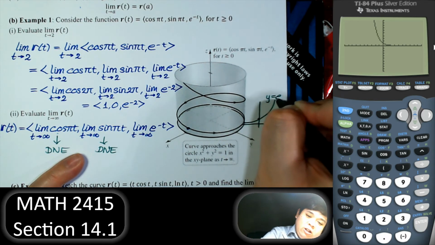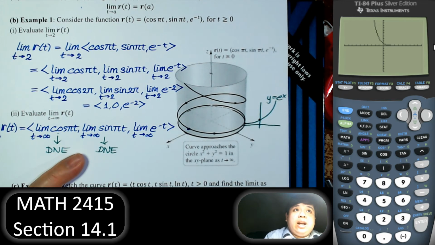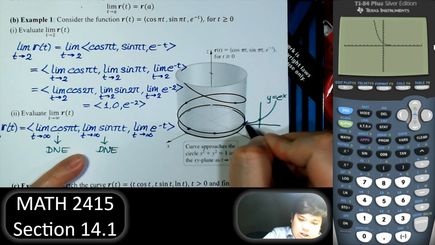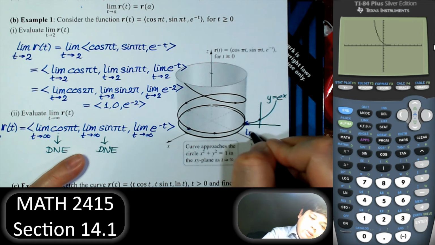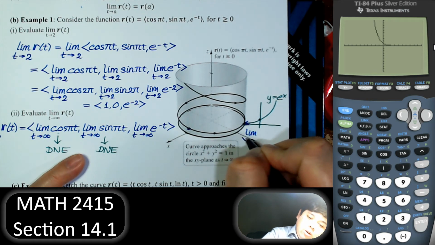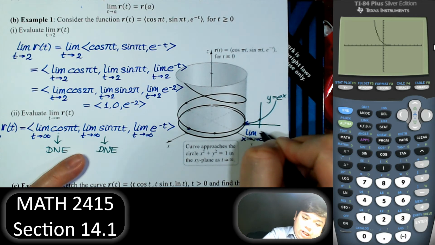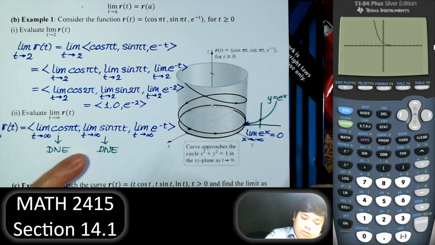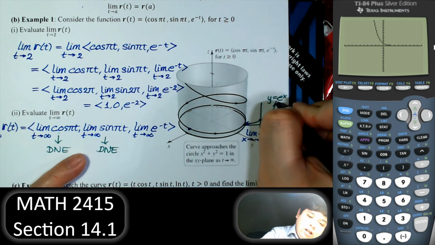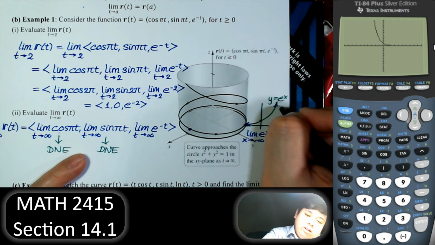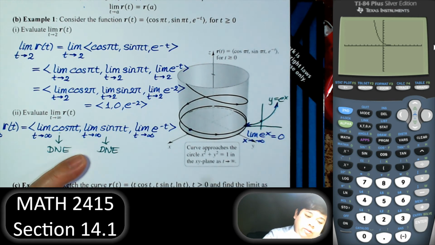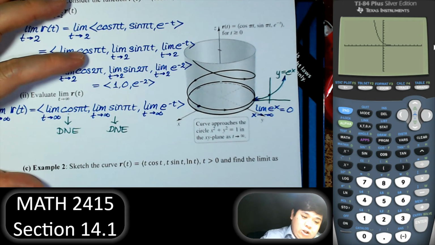The exponential function looks like that. On the negative infinity side, it goes to 0. So the limit as x goes to negative infinity of e to the x is equal to 0. On this side, it goes to infinity. So this goes to 0.